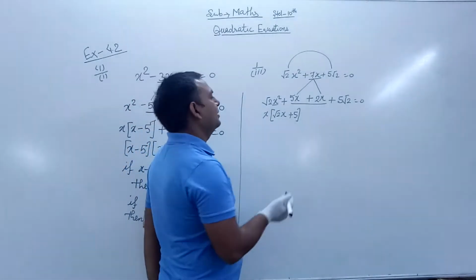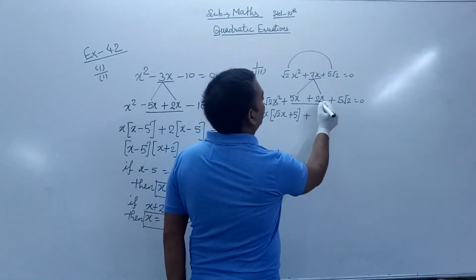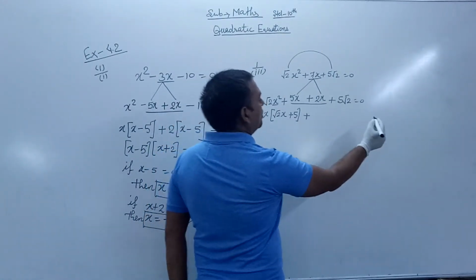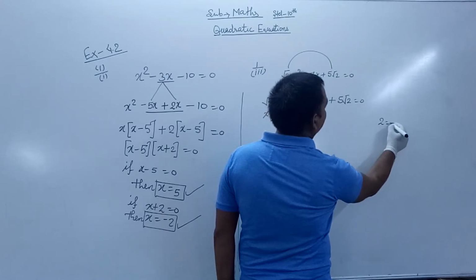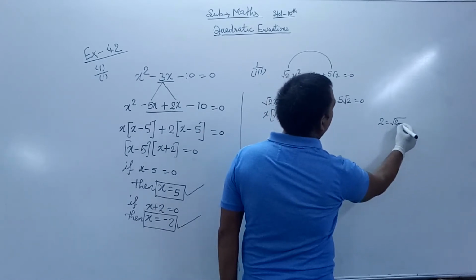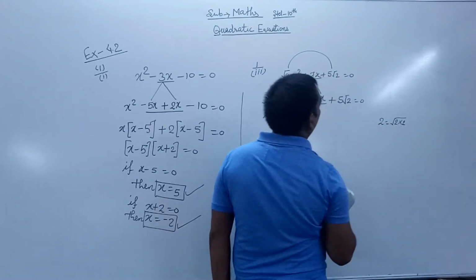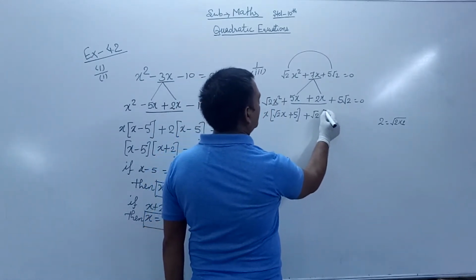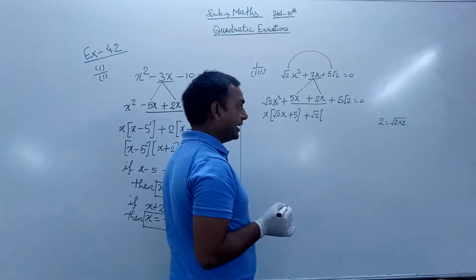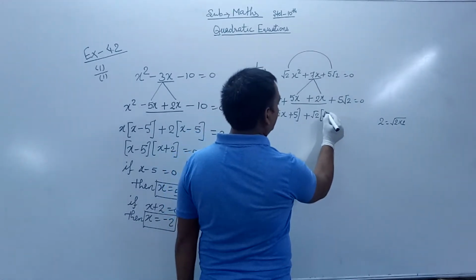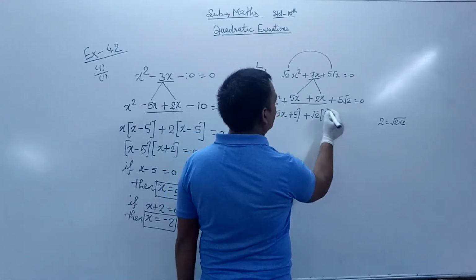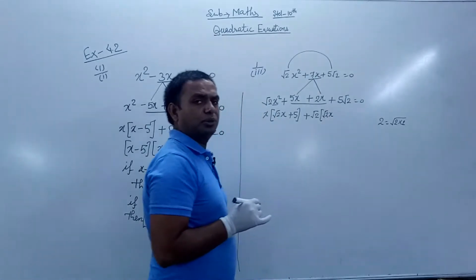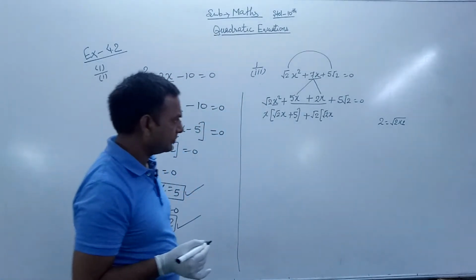Next, plus 2 and 5 root 2. You know that 2 is equal to root 2 into root 2. So I take root 2 common, and another bracket is root 2 x, because 2 is equal to root 2 and root 2.